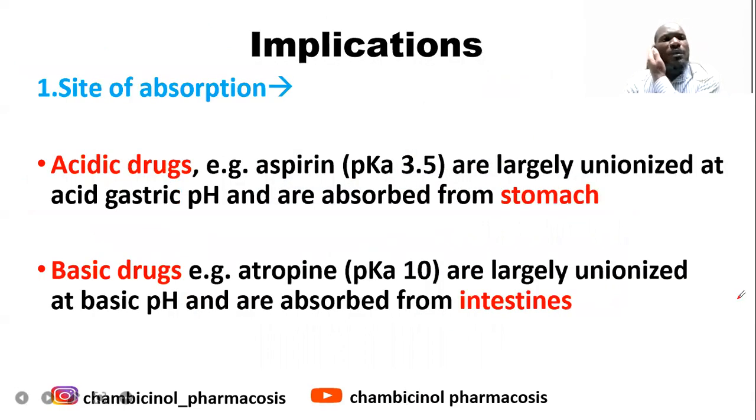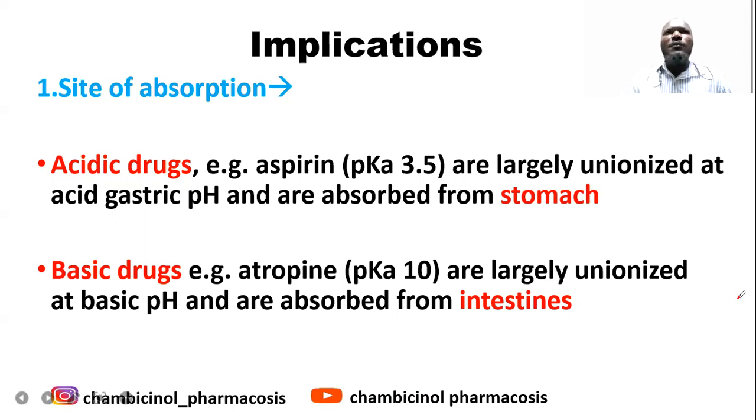And you can ask maybe, what is the importance of understanding this ionization of the drug? Because it will help you to know the site of absorption. For example, in the stomach, you know there is hydrochloric acid which is secreted by the parietal cell. So by understanding that there is a low pH in the stomach, you can know which group of drugs will be absorbed in the stomach.